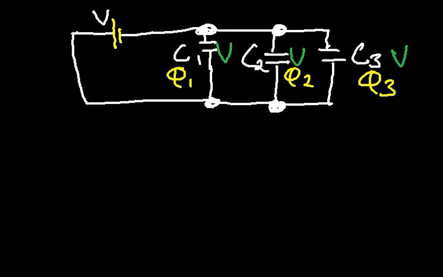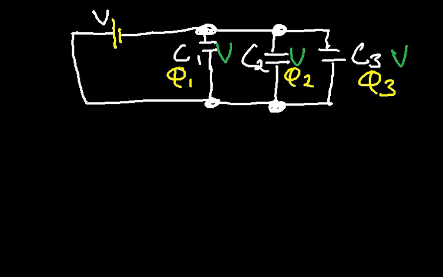But this is happening because there is no other capacitor connected in series with the battery. That's why at each and every component the voltage is the same as that from the battery.